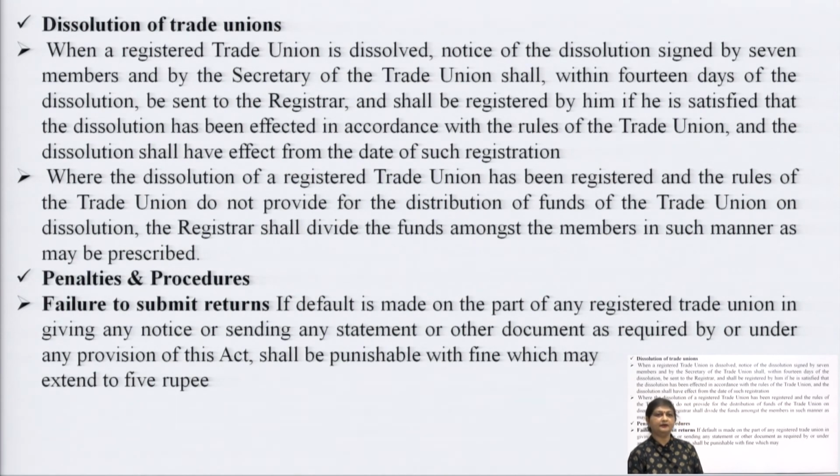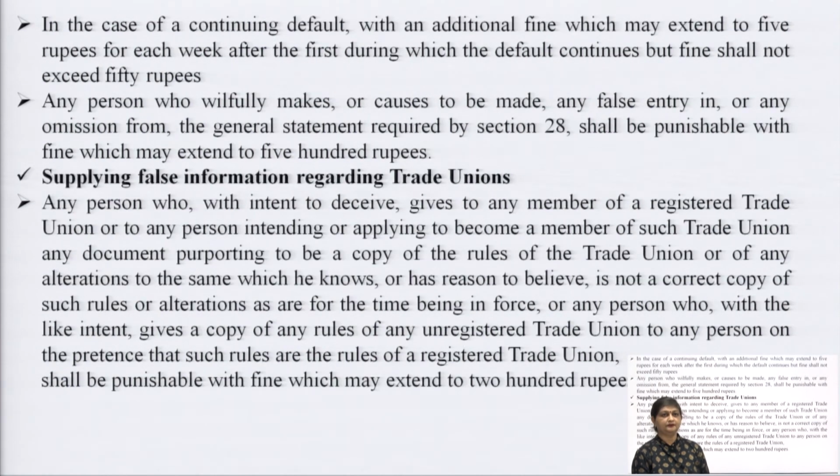Now, penalties and procedures. The first penalty is failure to submit returns. If default is made on the part of any registered trade union in giving any notice or sending any statement or any other document required by or under any provision of the act, it shall be punishable with a fine which may extend to 5 rupees.